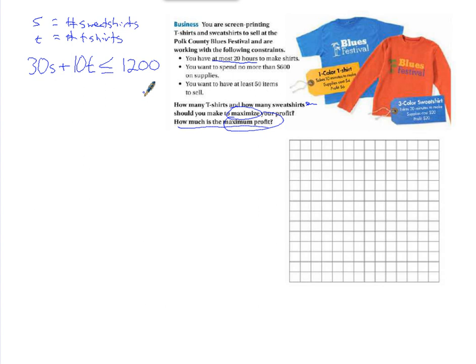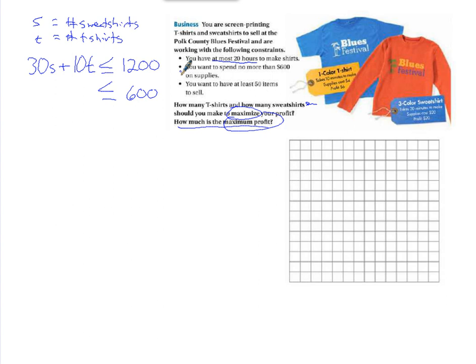You want to spend no more than $600 on supplies. So again, notice this was minutes, minutes, minutes. Now the next line down, it says you want to spend no more than $600 on supplies. No more than. That is less than or equal to as well, and that's $600. So now that I have money going on here, I want to talk about money.